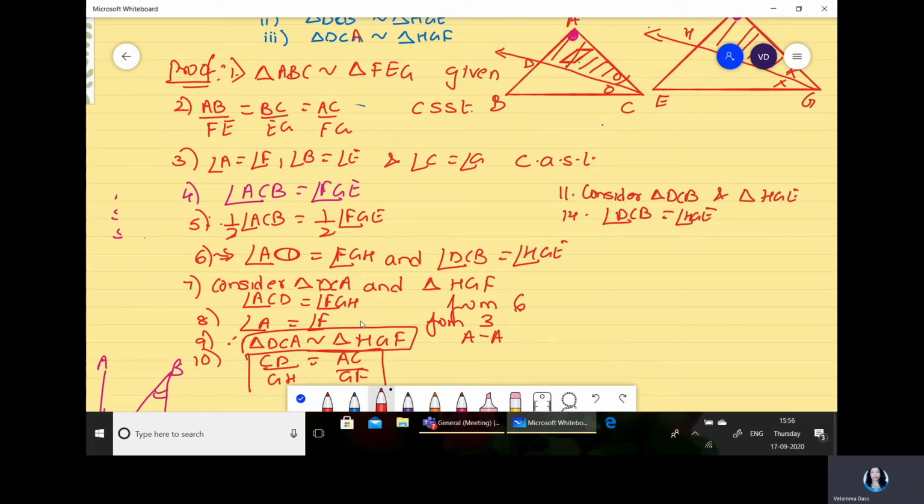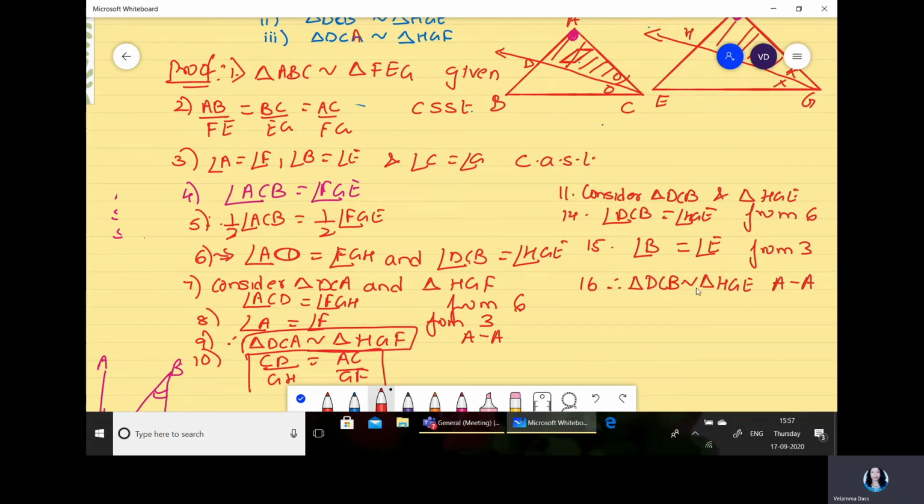You can say this is from 6, and the other equal angle is angle B. So angle B is equal to angle E, which is from 3. Therefore, we can declare that triangle DCB is similar to triangle HGE by AA test of similarity.